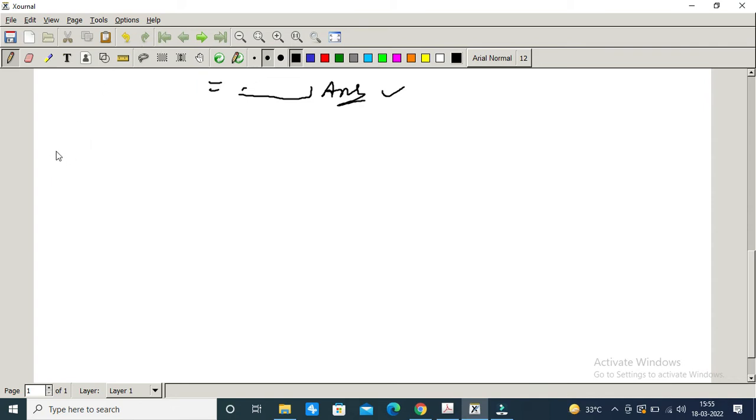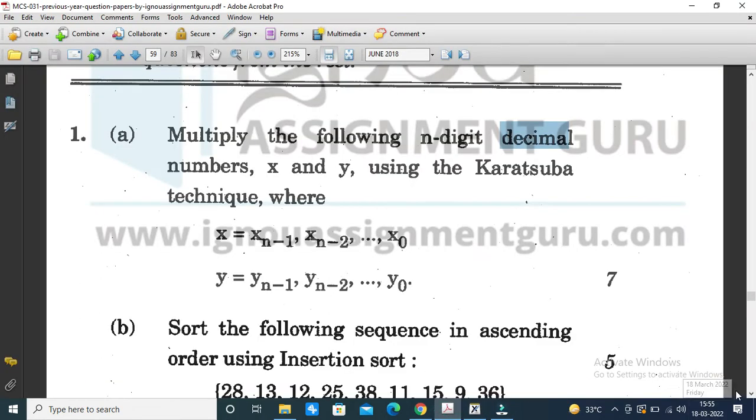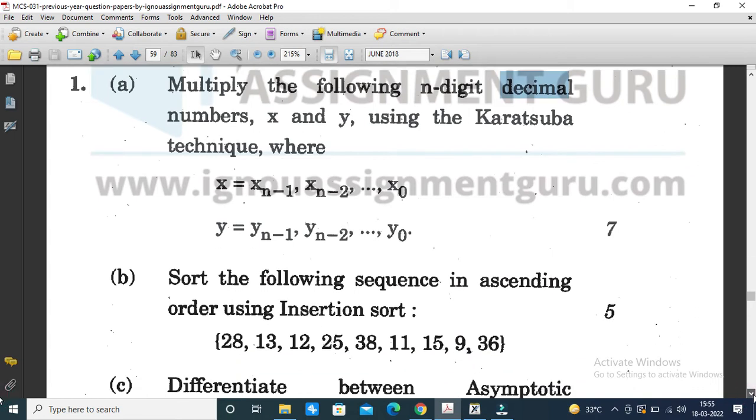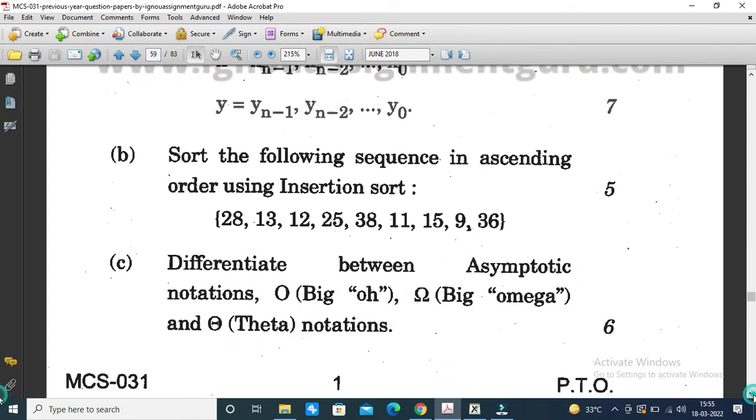Now the second question is question 1b. As you can see in this paper, this is of 5 marks, and they have asked you to sort the following sequence in ascending order using insertion sort.